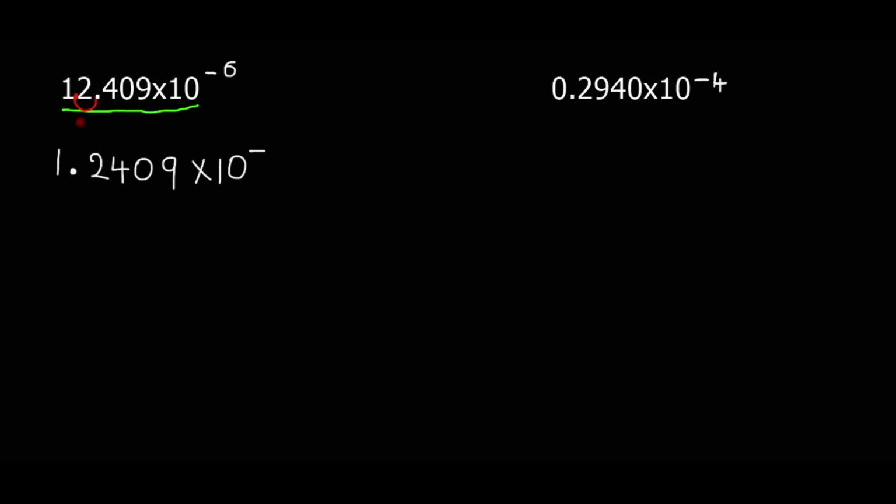And therefore, because we moved once, we will do negative 6 plus 1. Moving to the left, we add. If we move 2 times, plus 2. So this is our answer: 1.2409 times 10 to the power negative 5. Negative 6 plus 1 is negative 5. So this is our answer.